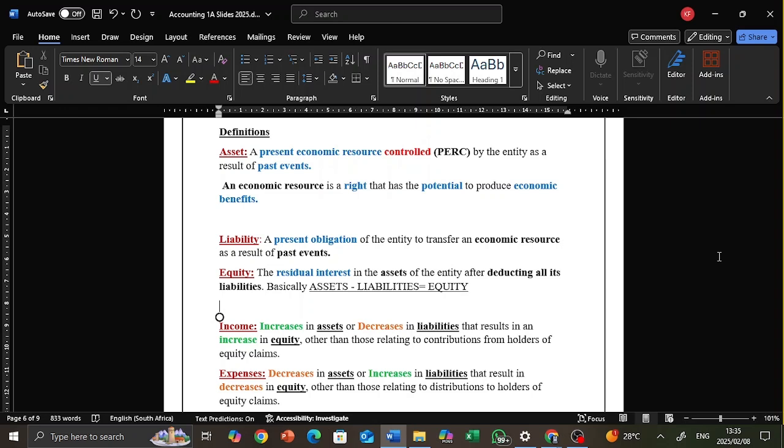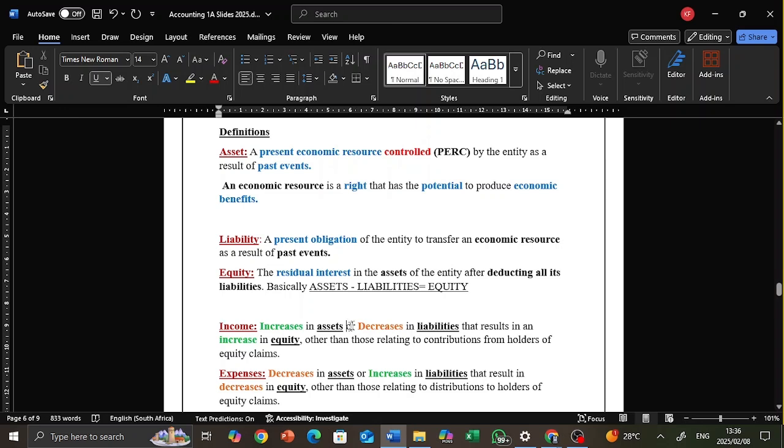Okay, thank you. So, income and expenses. Just by reading, income is your increases in assets, or, the keyword is also or, I'm going to highlight that, it's or a decrease in liability that results in an increase in equity.